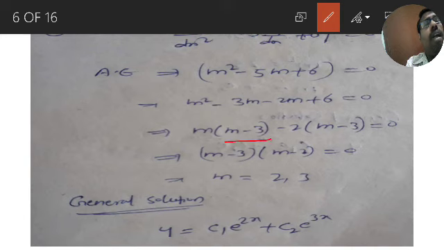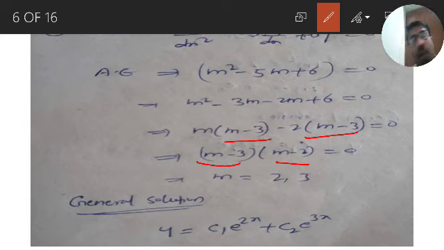Now take m minus 3 common, then the remaining term is m minus 2, equal to 0. So m minus 3 into m minus 2 is equal to 0. What is m? m is equal to 2 comma 3. You got the roots here.